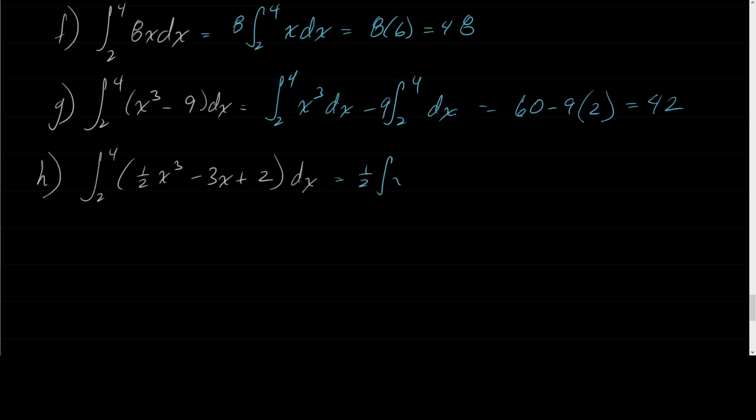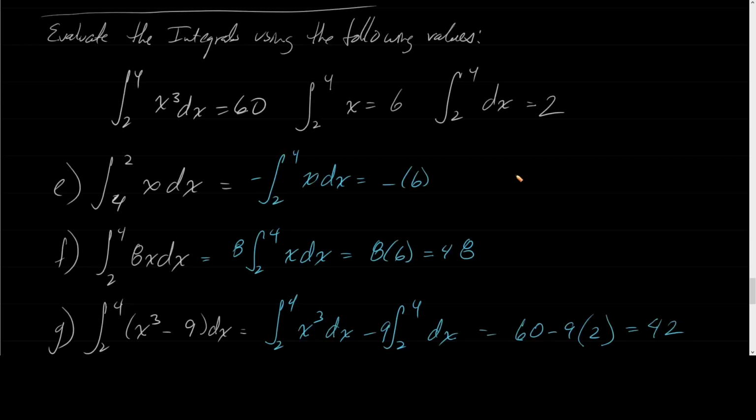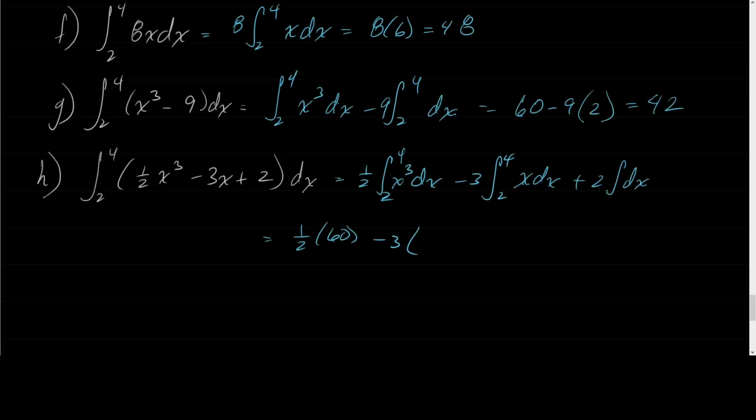So 1/2 integral of x cubed dx minus, I can pull out the 3, integral, these are all from 2 to 4, of x dx plus 2 times the integral of just dx, right? And at that point, what does that give me? That gives me 1/2 of 60 minus 3 times the integral of x was 6. So 3 times 6. And then plus 2 times 2, right?